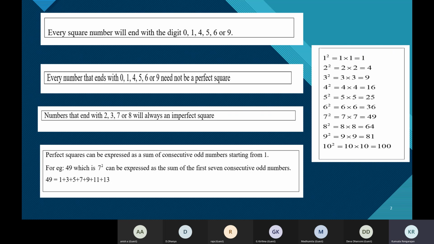So there may be a number with these digits in the ones place, but that need not be a square number. If it is a square number, then it should have only these digits in the ones place.